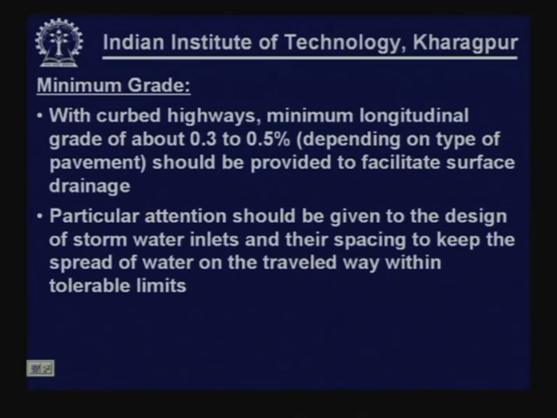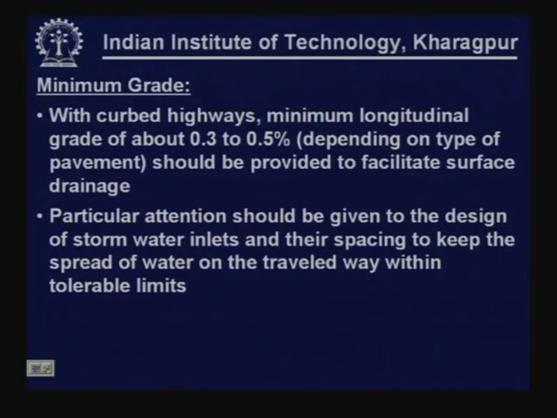Now, why this minimum grade provision, and why is it for curbed highways? For curbed highways, the water cannot go directly to the shoulders, because roadside curbs are there. So, the water cannot go directly onto the shoulders.